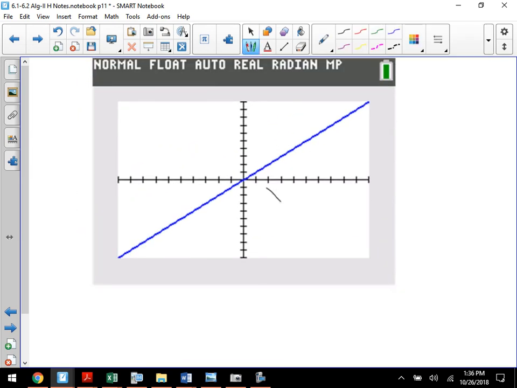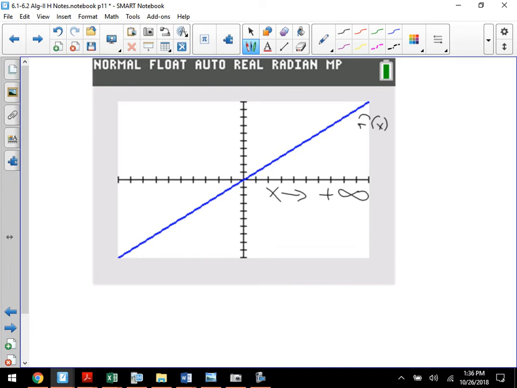So here's what I mean by tails. As x is getting larger, we say x is approaching positive infinity. As x approaches positive infinity, what is f of x approaching? What is y approaching? Same thing, it's also approaching positive infinity.